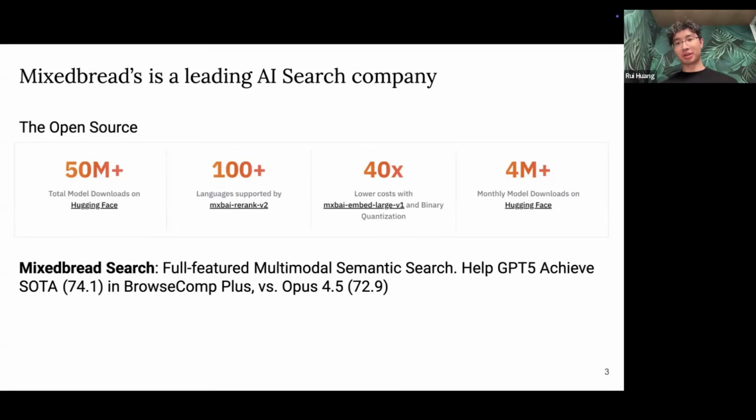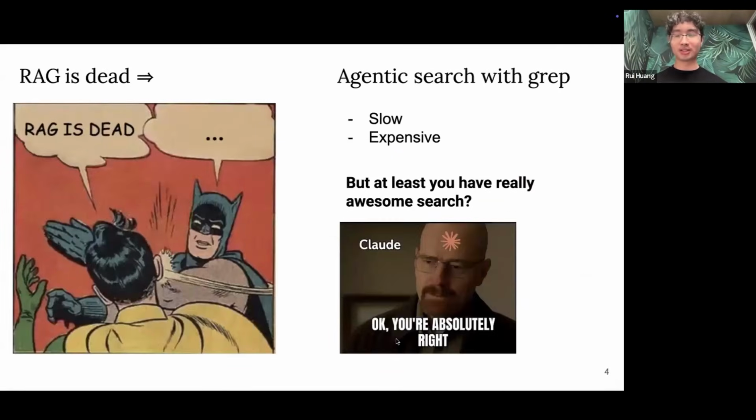And it's really good based on the BrowseComp-Plus benchmark, a benchmark from OpenAI on deep agent tasks, where it helps GPT-5 retrieve and reach the SOTA in the benchmark. It is even better than Opus 4.5, a model released a month ago. So using MixedBread Search, we can get that search performance for your agent tasks as well.